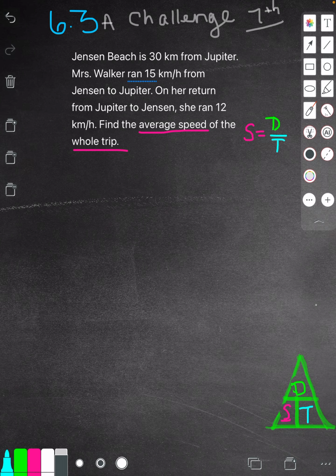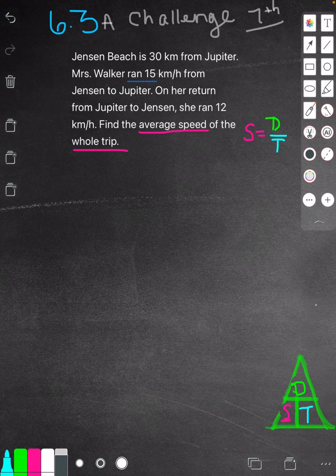All right, so that's our main goal here, but we need the total trip speed. In order to have the total speed, we have to have the total distance. How do we figure out the total distance?